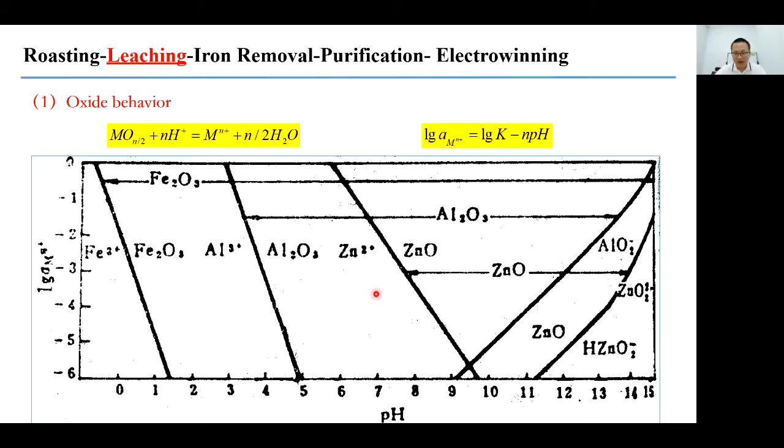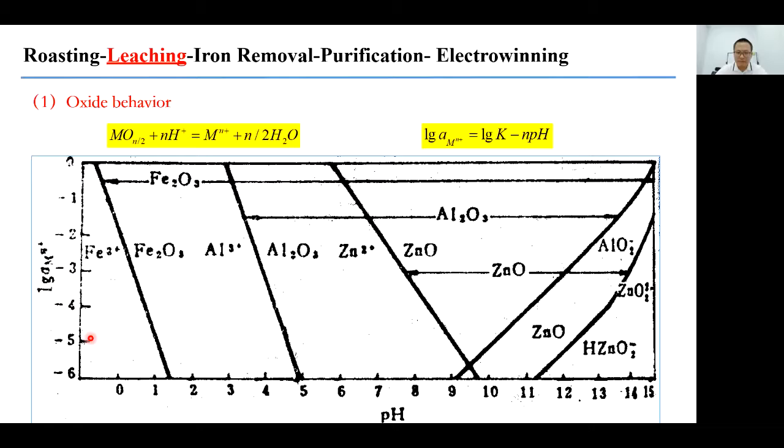Some other gangue parts like alumina, magnesium, and calcium oxide will also convert to cations. They can be leached out. But if we look at iron oxide, especially ferric iron oxide, we can find that it needs a very strong acid to transfer ferric iron oxide into ferric iron ions in the solution.